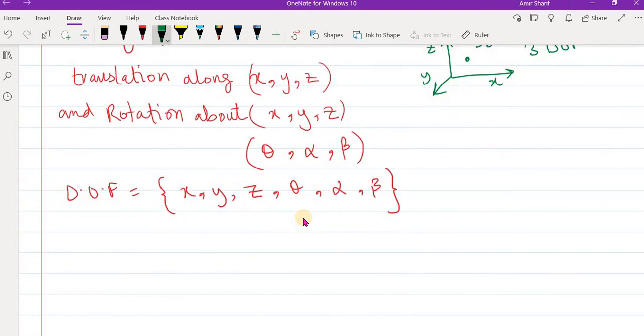So the coin in 3D has 6 degrees of freedom, in which there are 3 translations and 3 rotations.